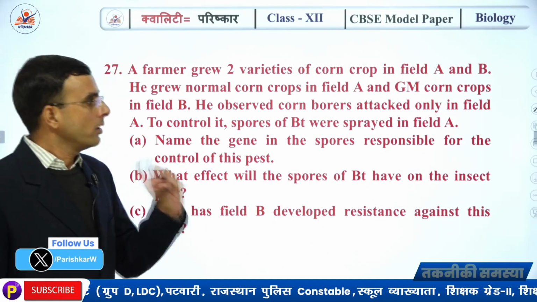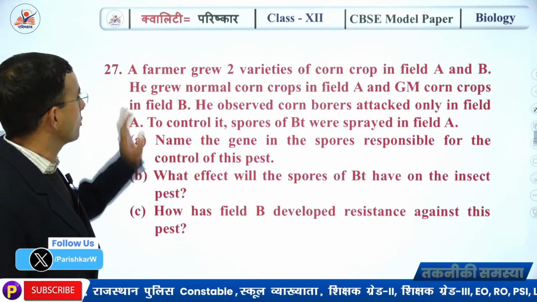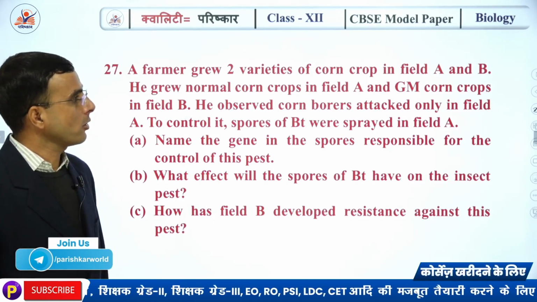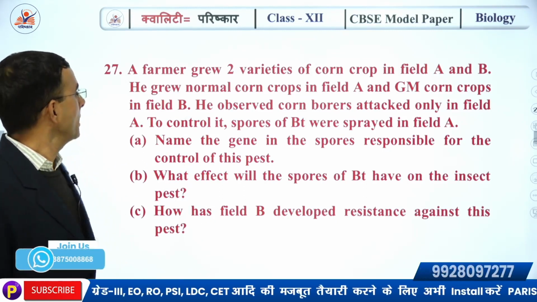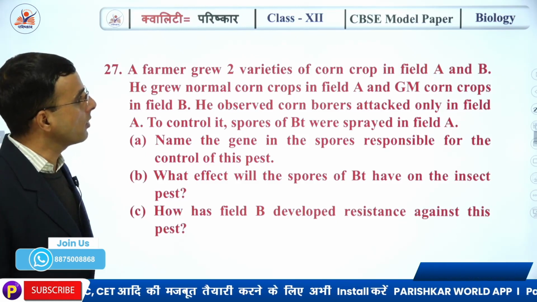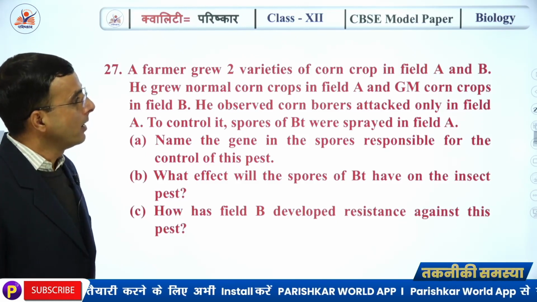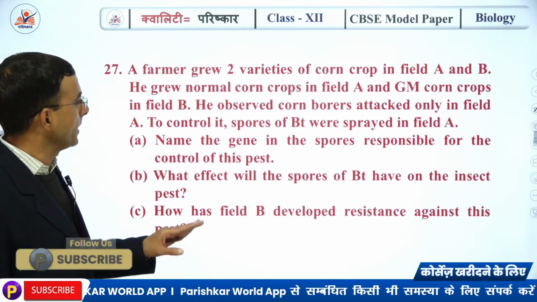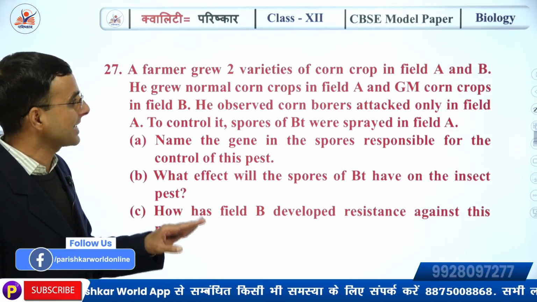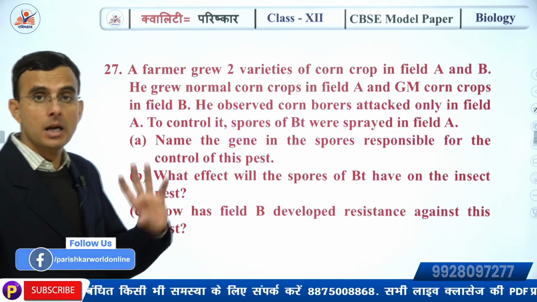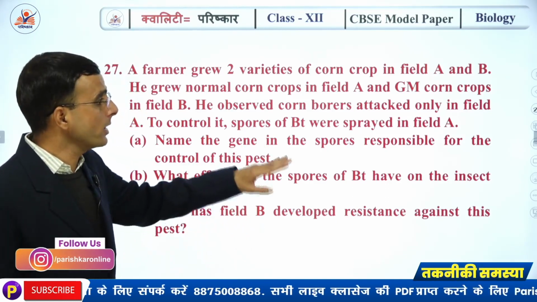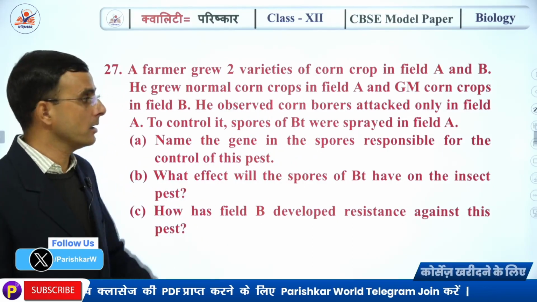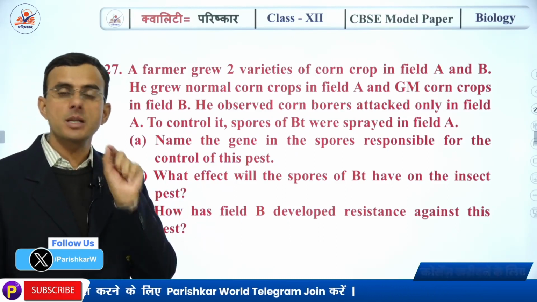Next question is, again we are going to biotechnology. A farmer grows 2 varieties of corn crop in fields A and B. He grows normal corn crop in field A, and genetically modified corn crops in field B. He observed corn borer attack. That means Bt spores are spread in field A. So there are 2 fields.